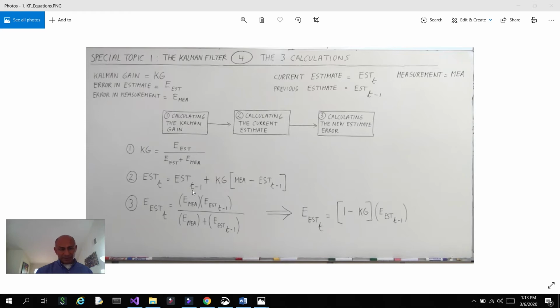Current estimate is previous estimate plus Kalman gain times measurement minus previous estimate. And then the error in estimate at time t is over here, 1 minus Kalman gain times the previous error in estimate. And then this estimate is fed into the Kalman gain again, so it goes into a loop, predict, update, and it converges to the ground truth value. A very summarized idea of what a Kalman filter is.